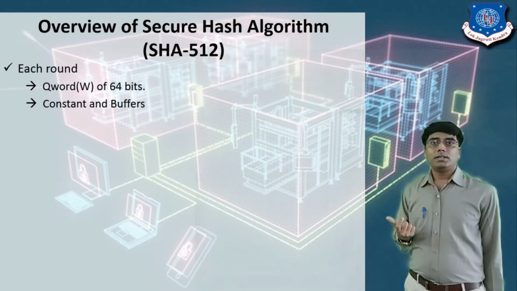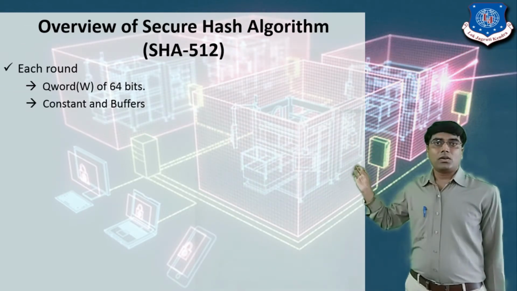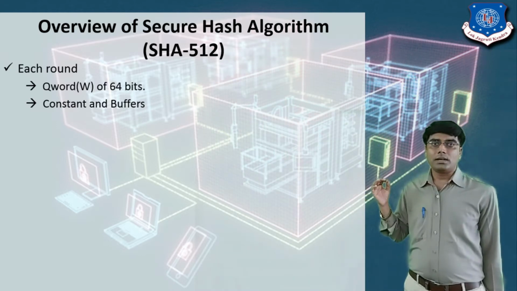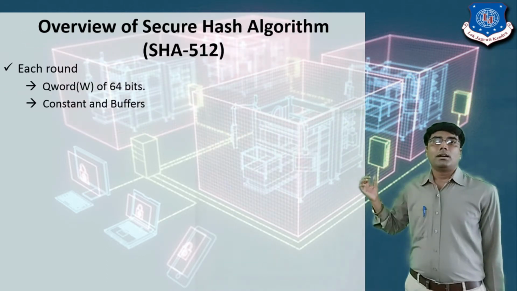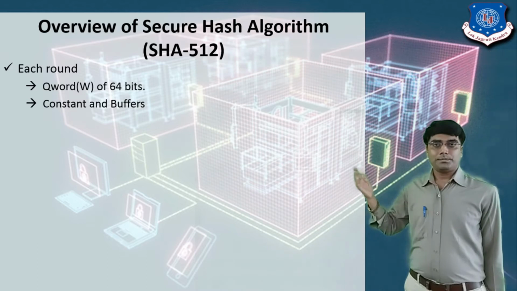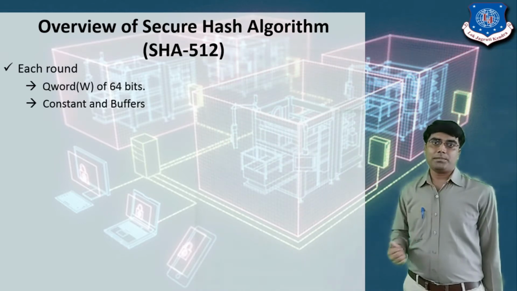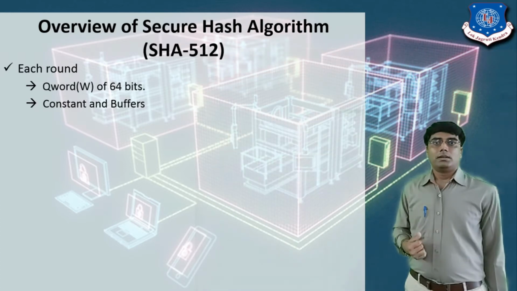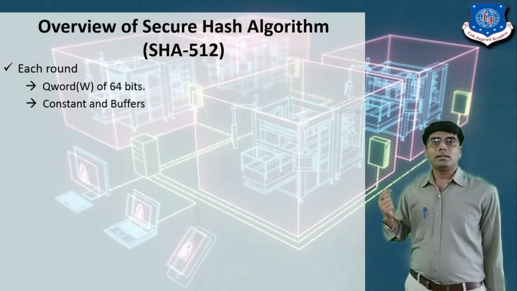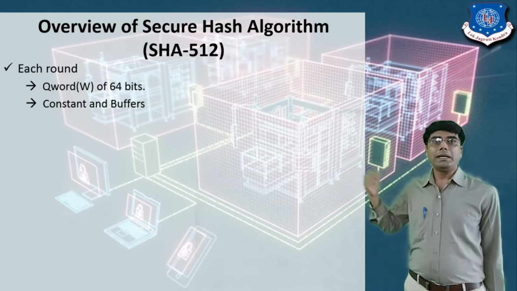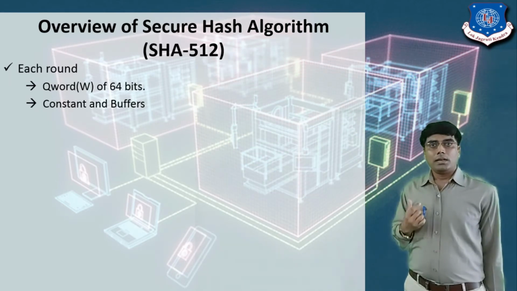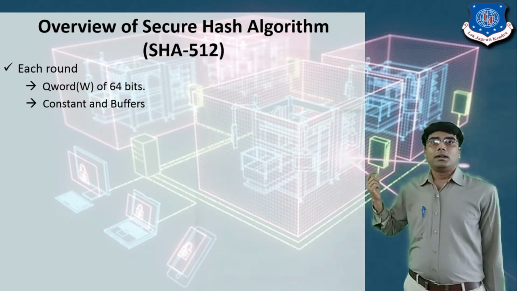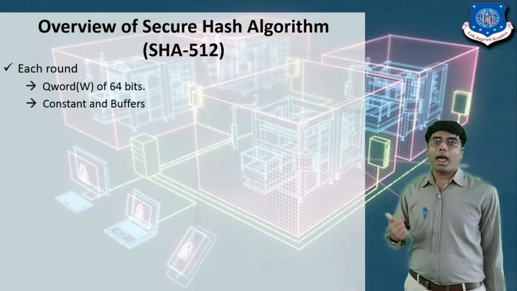The constant is represented as K, and it is filled with random numbers represented in hexadecimal. The buffer stores the intermediate result and the hash value of the hash code.